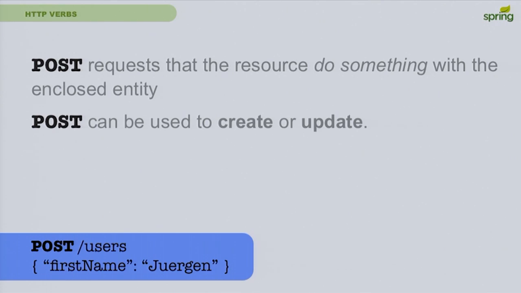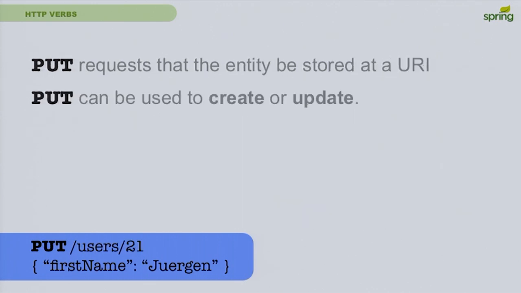Posts. So typically we use posts to create a new object, and we can also use it to update. We're passing an entity in the post data, and it's going to be updated or created. In contrast, a put can also be used very similarly.